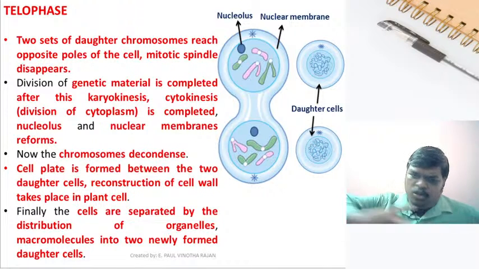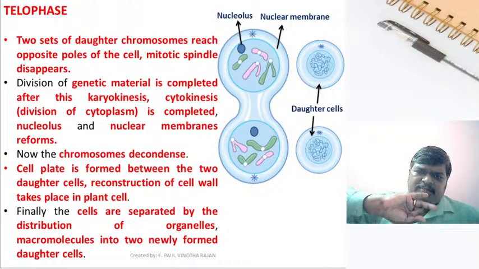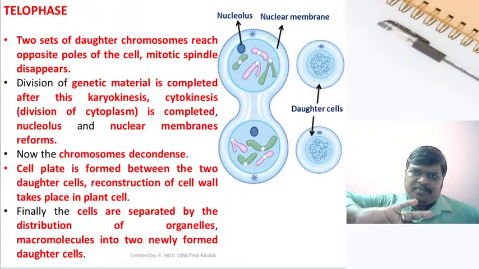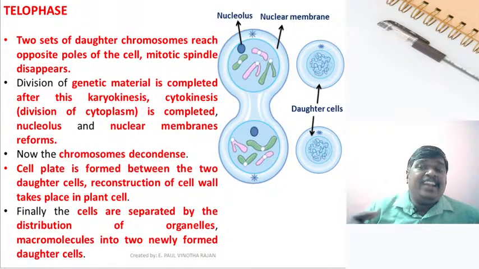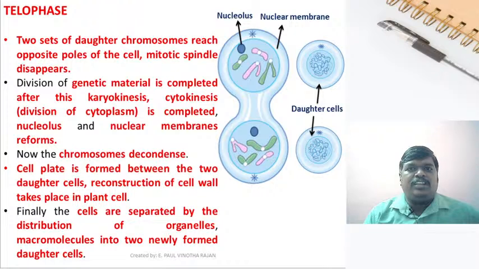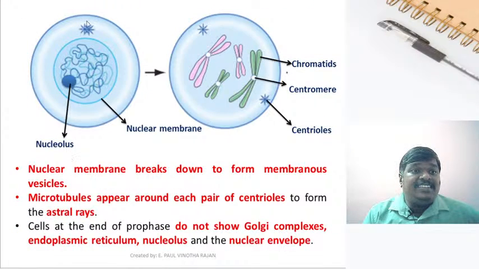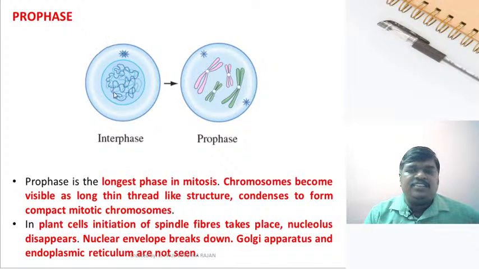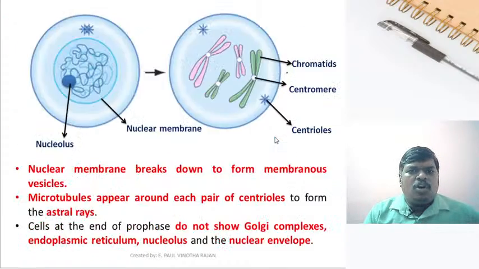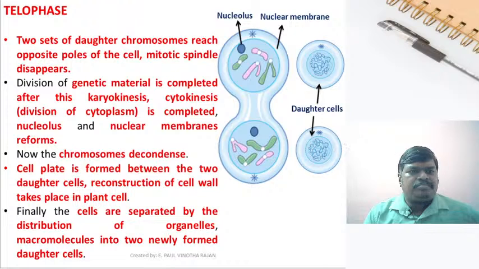The nucleolus reappears, the nuclear membrane reappears, and the chromatids decondense again and become chromatin threads. So at the end of this telophase, two daughter cells are formed. These two daughter cells are exactly the same as the interphase cells, where you can see the centrioles, the nuclear membrane, the nucleolus, the endoplasmic reticulum, the Golgi body, everything will be there.